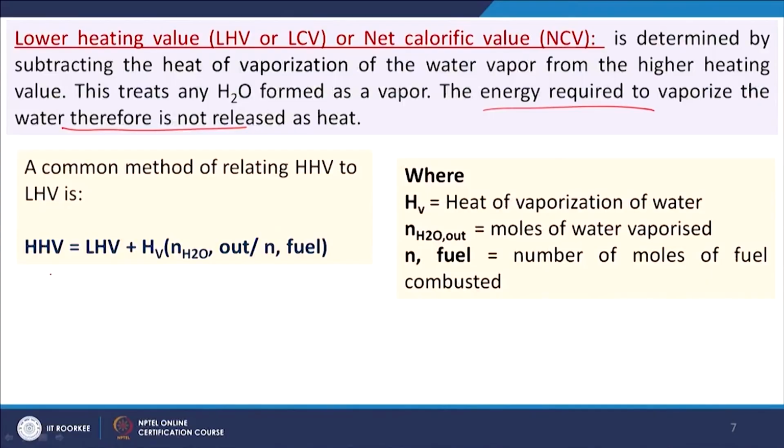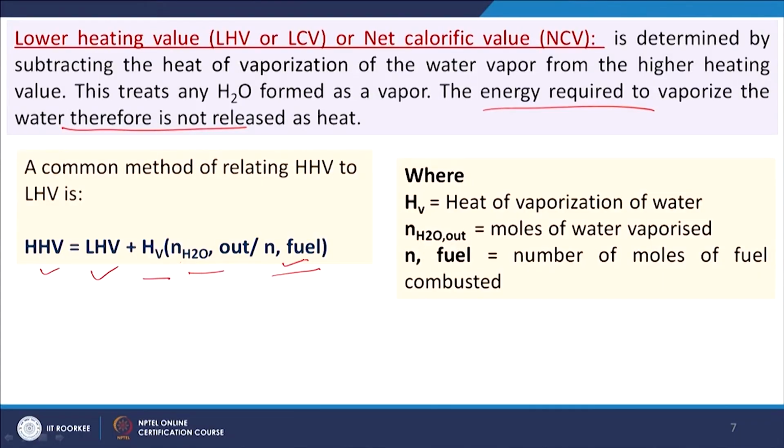People have tried to find the relationship between the high heating value and the lower heating value, and it is found that HHV is equal to LHV plus HV into n H2O out divided by n fuel. This number means the number of moles of water produced during the combustion per mole of fuel.